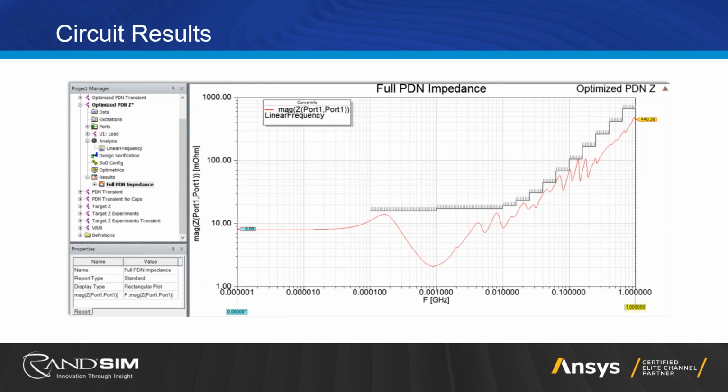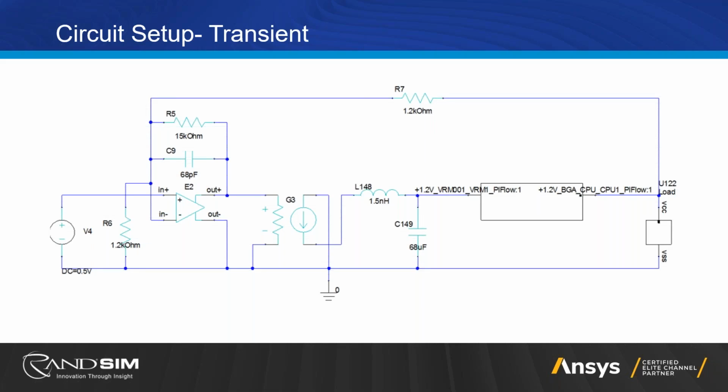But what's really I think a bit more interesting here is that we can now look at this from a transient. So we can then add a load to this, as well as the voltage signal. Set this up within the circuit tools to represent what we have on our PCB.